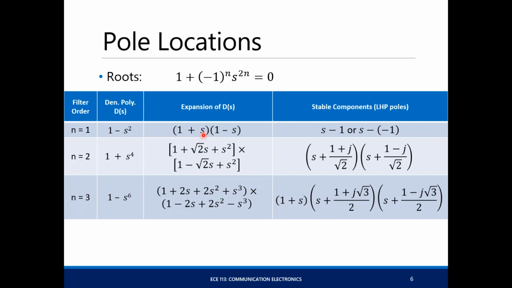And you only extract the stable components, or the left-hand poles, from this equation right here. Basically, you get these roots, or the stable components of your expression, and you get your poles.